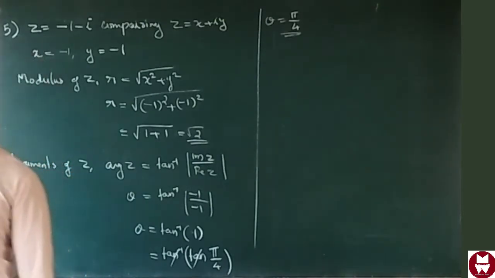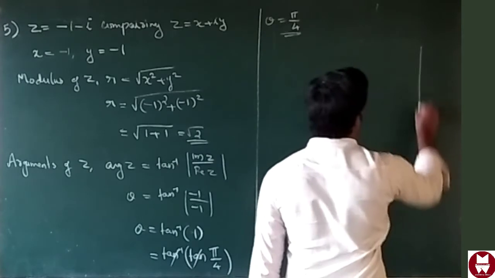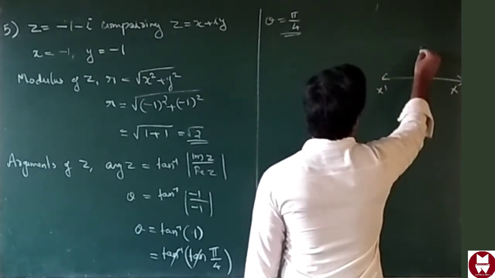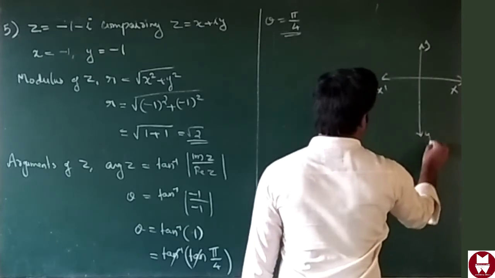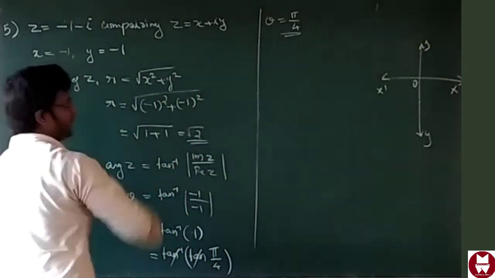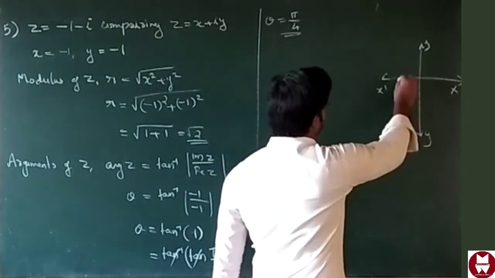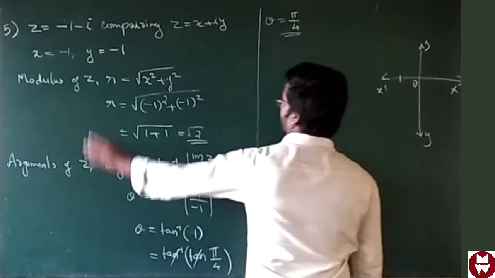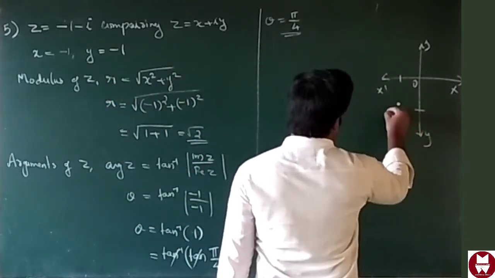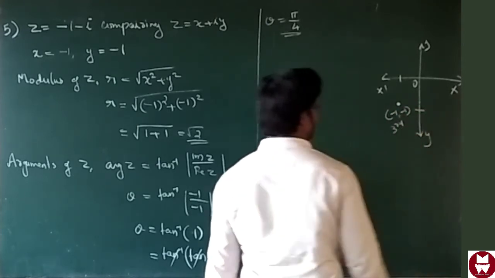Then after that we have to check in which quadrant. For that, draw the plane with x, x dash, y, y dash, and 0. This x value is minus 1, the negative side of the x axis, that means left side of 0. Then y also minus 1, that is the downside, in this quadrant, minus 1, minus 1. Which quadrant is this? Third quadrant.